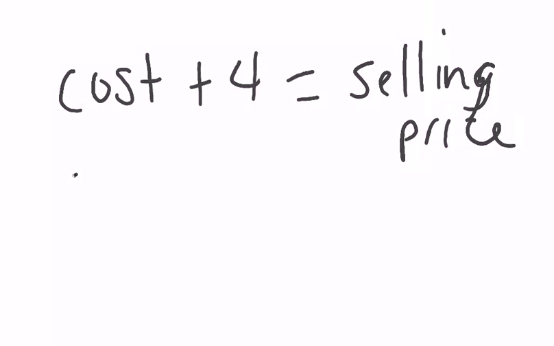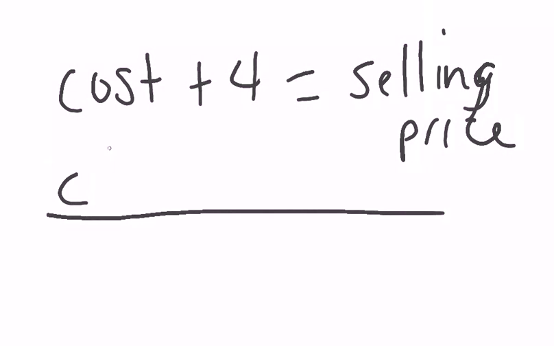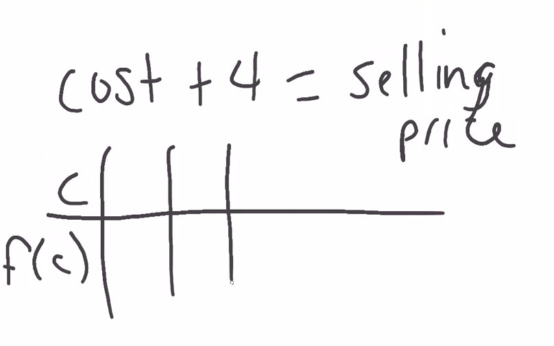So we could create a chart again to look at some more actual individual pieces. So let's say his cost was $1. If we look at this, we're going to add 4 to that. So 1 plus 4 is 5.